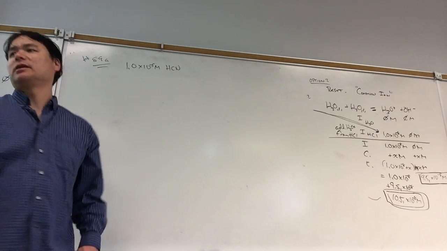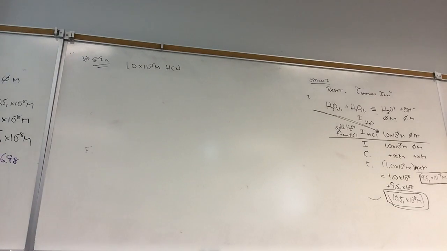So the first thing we need is the K value for HCN. There's a pretty comprehensive list of K values in Appendix D, and also a bunch of K values in chapter 16 and chapter 17.